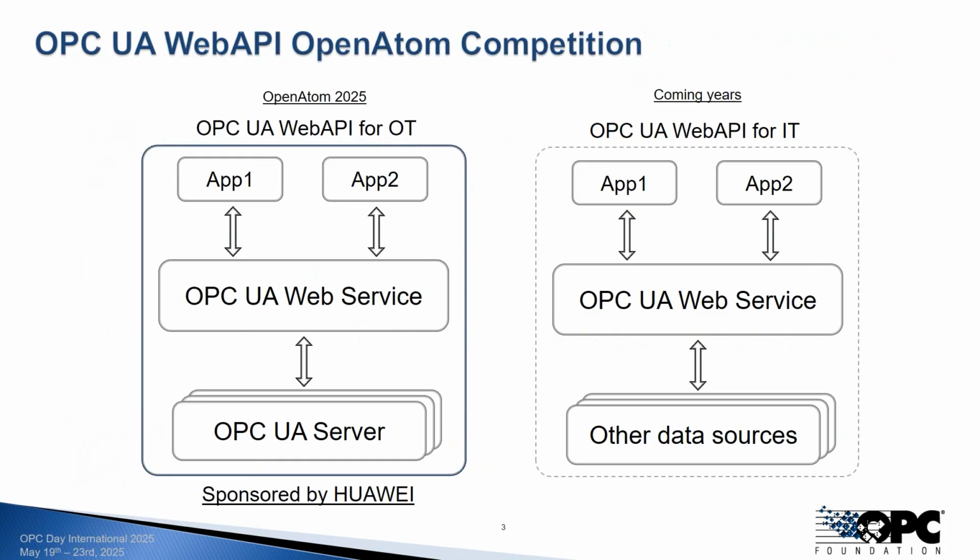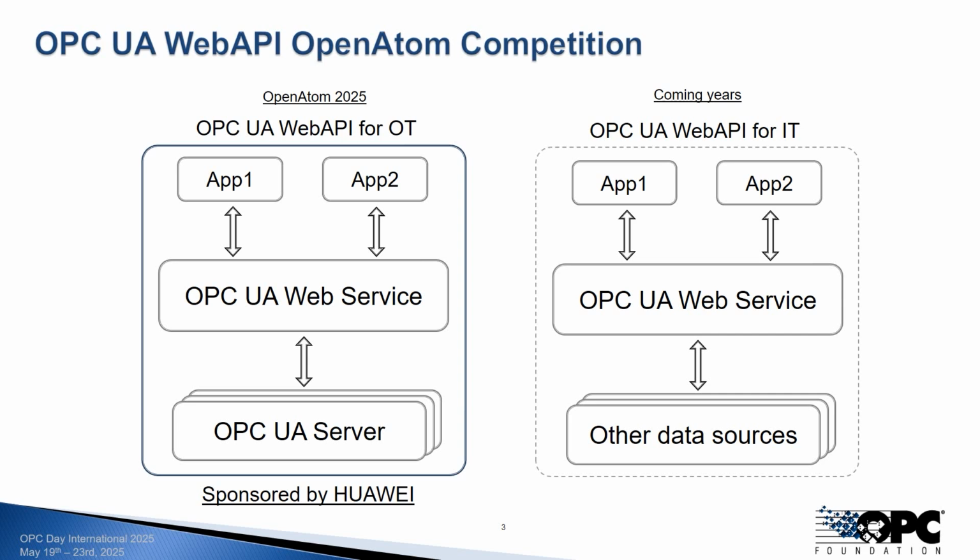The technical specification of UA WebAPI was released in 2024, and in the same year, OpenAtom began to focus on new technologies related to industrial. So when I heard about this news, I wanted to initiate an OpenAtom competition for this new OPC technology.